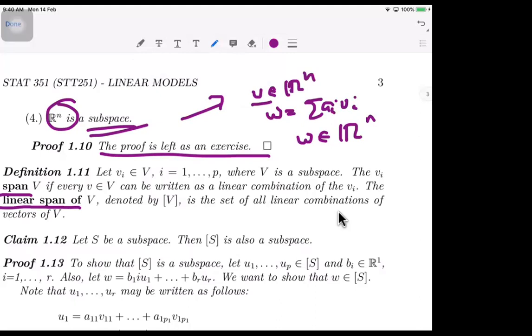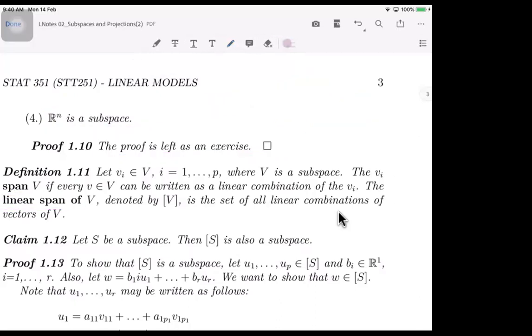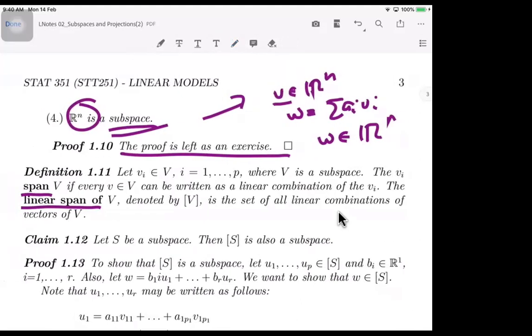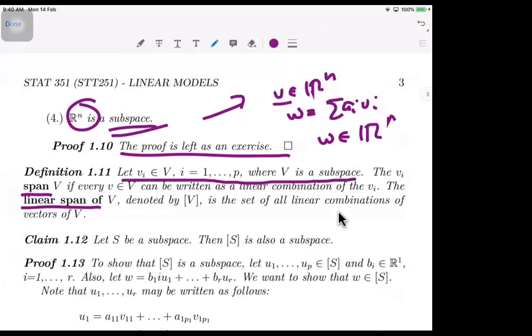Okay? So assumptions: let V_i be in the set V, where V is a subspace. So if it is a subspace, you can always make a linear combination of the vectors in V with some constants a.